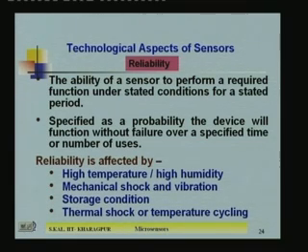That is also what you can call an aging effect. Okay. So, reliability is affected by what parameters? It is affected by high temperature, high level of humidity, mechanical shock, vibration, storage condition, thermal shock and temperature cycling. So, these are the different parameters which affect the reliability of a particular sensor.